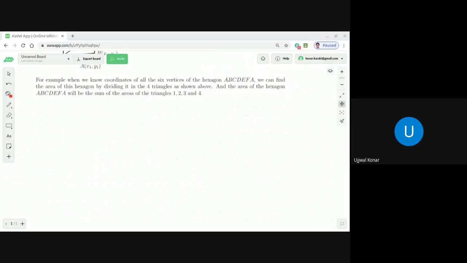So if they are in the same straight line, first of all, you cannot construct a triangle. But analytically, you can think that if you apply the formula of the area of the triangle for these 3 points, what will you get? You will get 0. Correct, no?